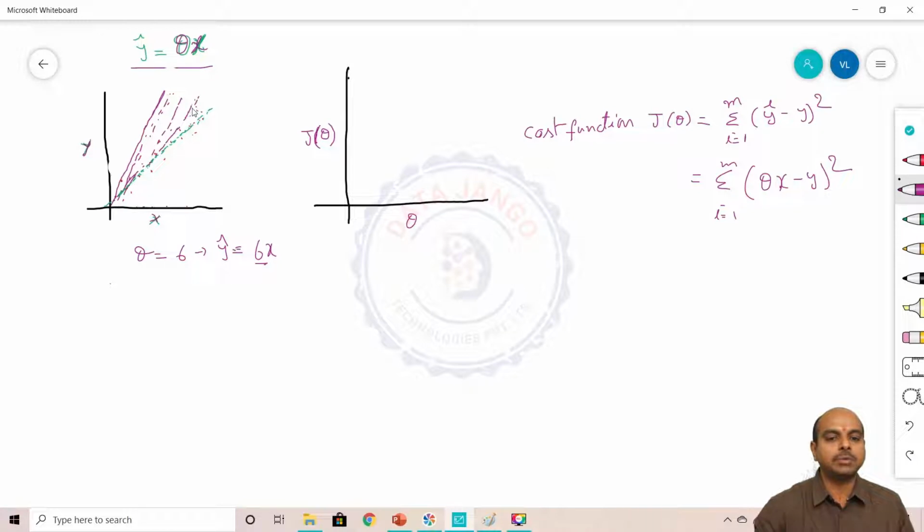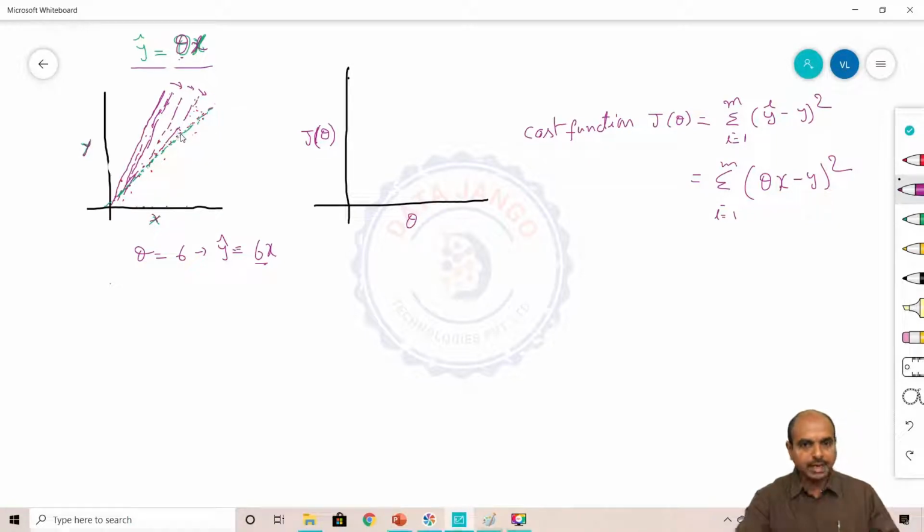We don't have an intercept, so the line is always going through the origin. It will change the theta. The gradient descent algorithm tries to play with theta. The 6 will change to 5, 5 will change to 4, 4 to 3, like that. It will try to play with theta and move towards the global minimal error place, or the best fit line place, the green line place.